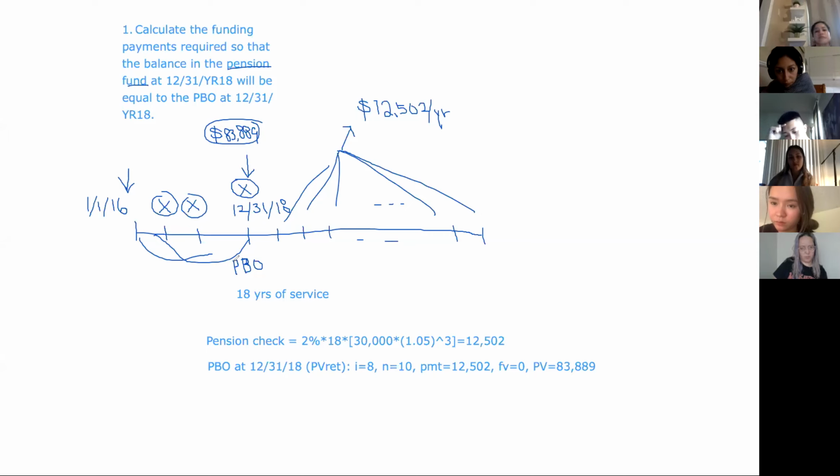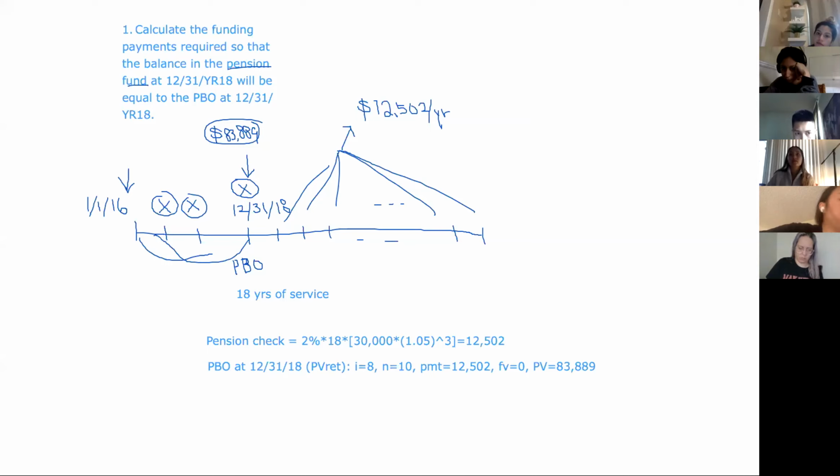And then the interest rate, go back to the hint. It says, be sure to use the expected return on plan asset when calculating the growth in plan assets. So we will save X amount at the end of each year for the next 3 years, and we want it to grow, and the expected growth rate is 10%. So the rate that we assume is 10%.